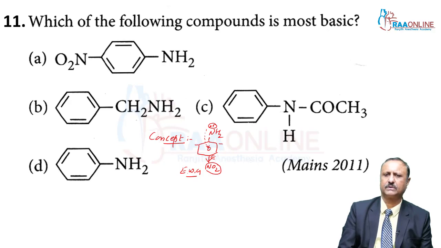When it is at the para position, this electron pair is attracted by the NO2 group. So the lone pair is not readily available on the nitrogen atom, and the electron density of nitrogen decreases when any electron withdrawing group is attached to aniline.